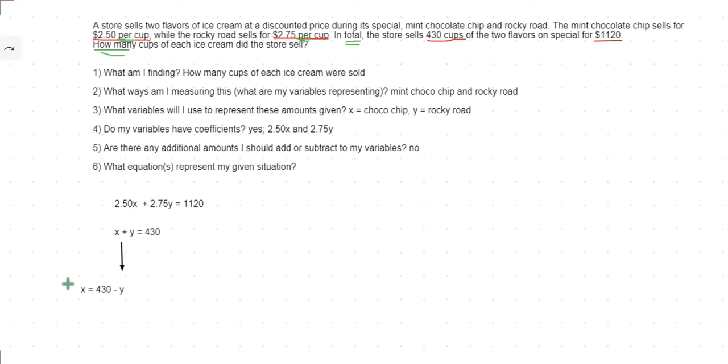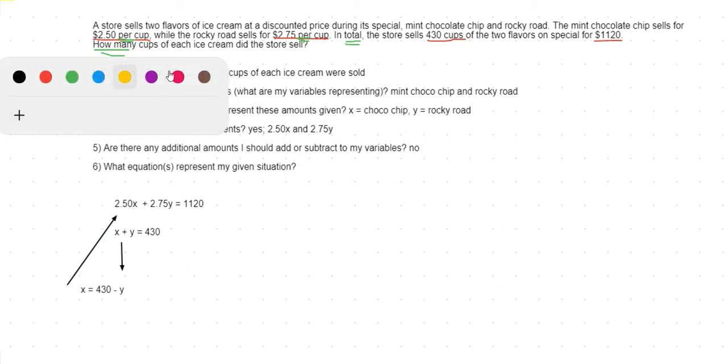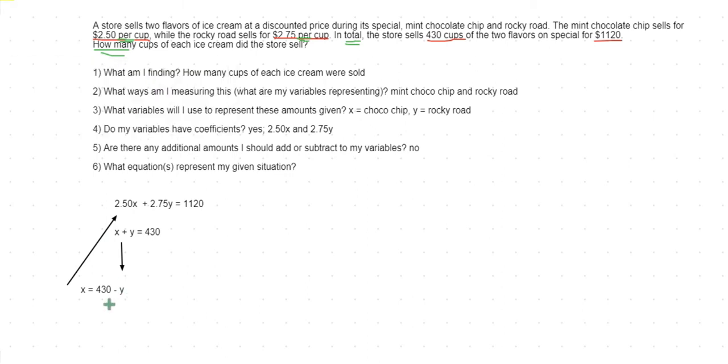Let's do it this way. I can take this amount that I'm underlining in purple right here. I could plug it in here for x, right? So that's exactly what I'm going to do.